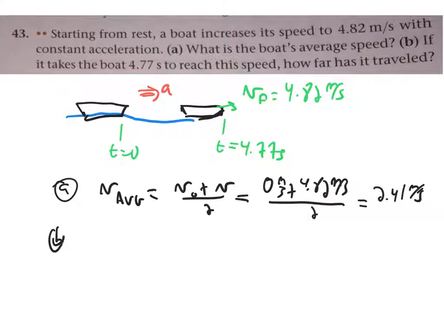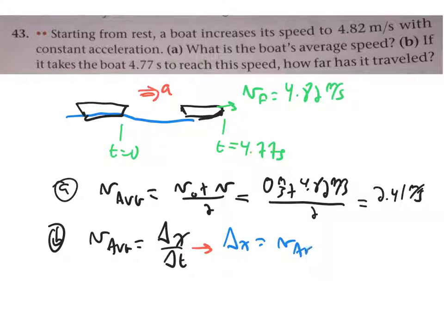And then part B is pretty easy because we also know that the average velocity is delta x over delta t, which implies that delta x is v average times delta t, so it's 2.41 meters per second times the 4.77 seconds.